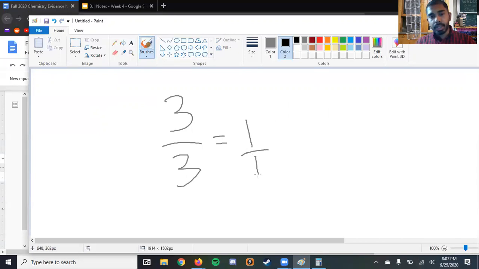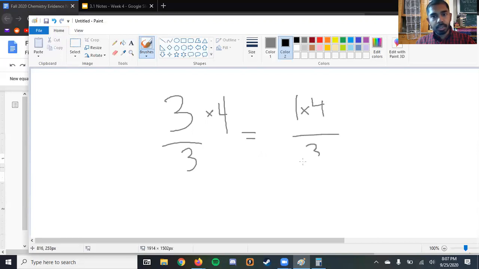If we have 3 times 4 over 3, that's the same as saying 1 times 4 over 1. This is just like 6th grade algebra, right? So it's just 4. These things cancel each other out.